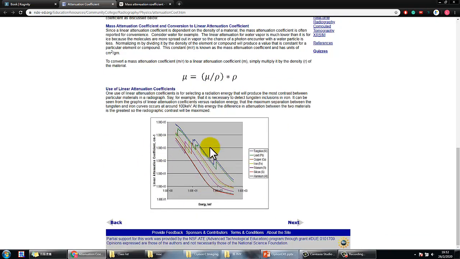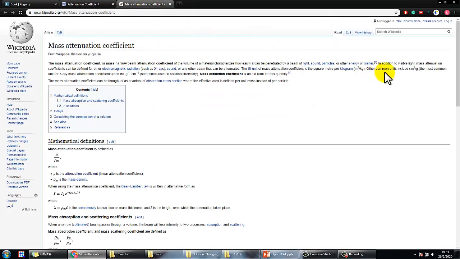Here's another picture of a graph obtained from experiment, and you can see things like lead, the green one here, and tungsten, the one that you use for a light bulb, have a really high attenuation coefficient, while things like silicon are not as high. All right, and also when energy increases, then attenuation will be less in that case.